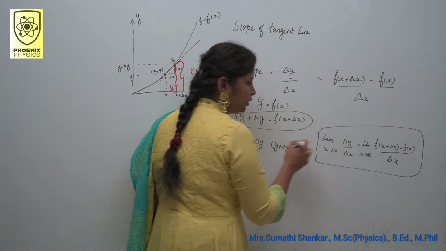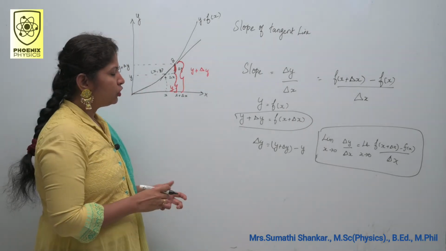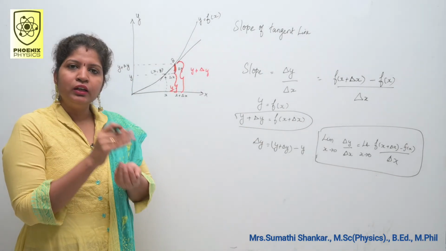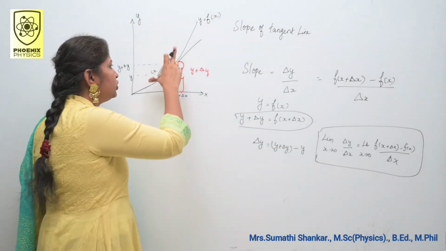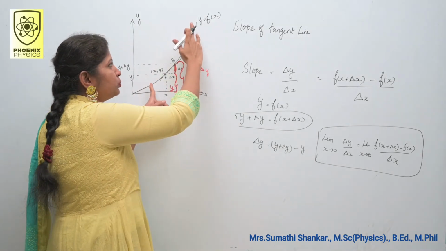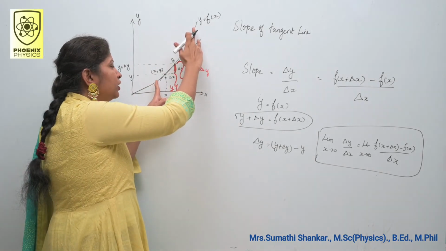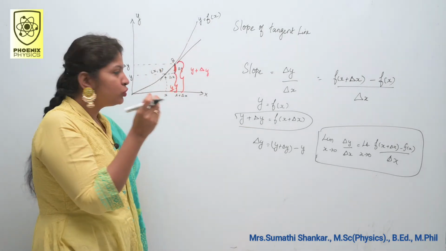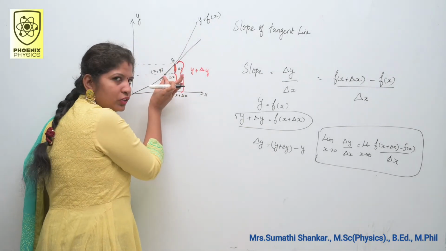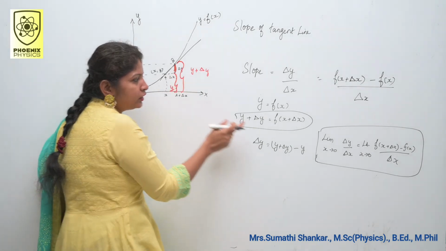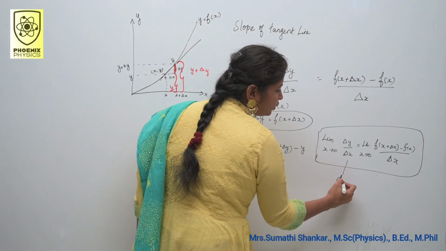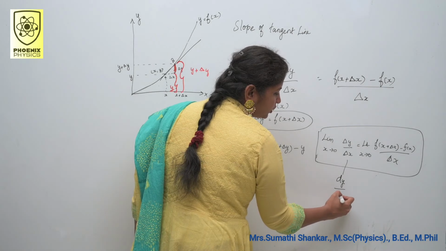Why did I apply the limit? Because if you reduce the distance, initially A and B are in this position, if you bring A and B close to each other, that is, if you reduce the delta x distance, then this delta y by delta x becomes our derivative dy by dx.